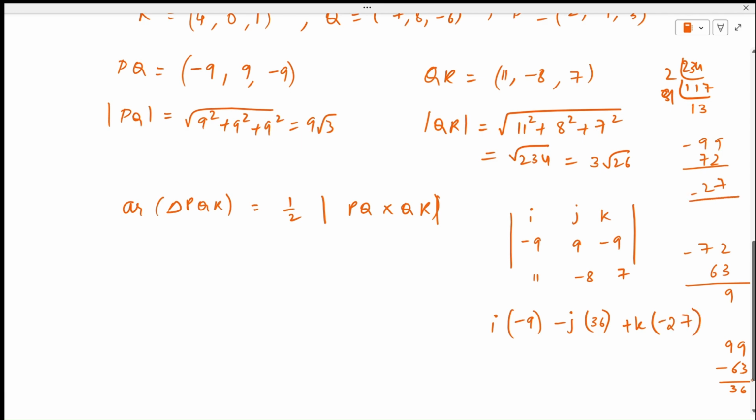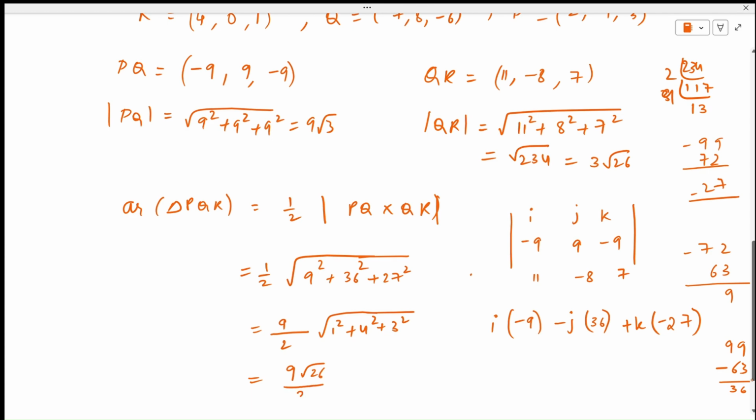36 j, and then k of 72 minus 99, which is equal to minus 27. And the magnitude is equal to root of 9 square plus 36 square plus 27 square. If we take 9 common, we'll get 9 by 2 root of 1 square plus 4 square plus 3 square. 1 plus 9 is 10, 10 plus 16 is 26. So we'll get 9 root 26 by 2.